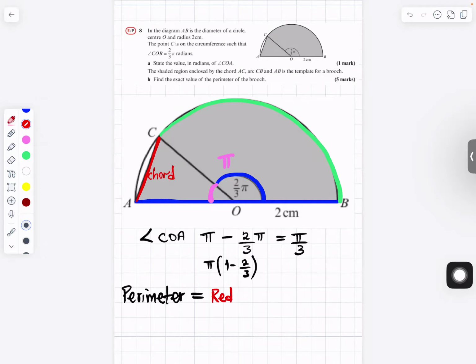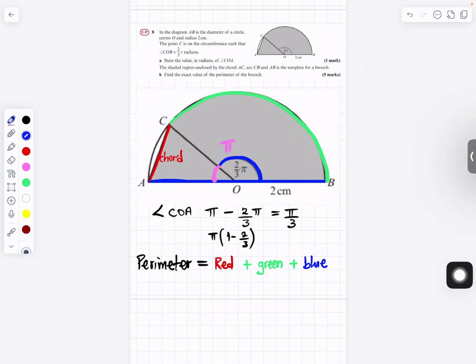plus the green, which is the arc BC, plus the blue.